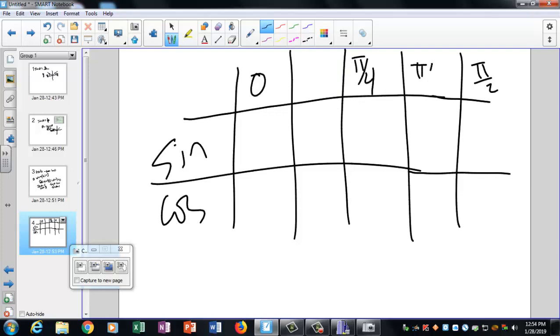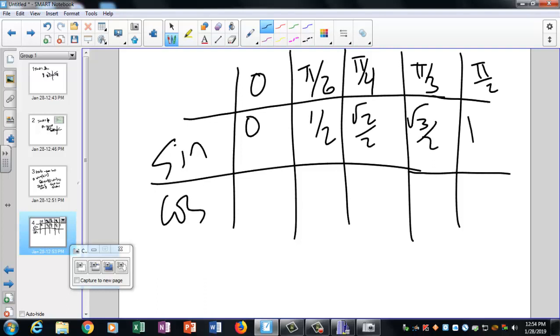Pi over 4, pi over 3, pi over 6. 0, 1/2, square root of 2 over 2, square root of 3 over 2, 1. Remember that to do that, I did 0, 1, 2, 3, 4, then square root, divide by 2. Right now, I don't do that anymore. I just give you the final form.